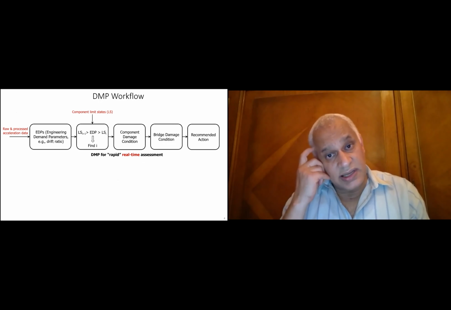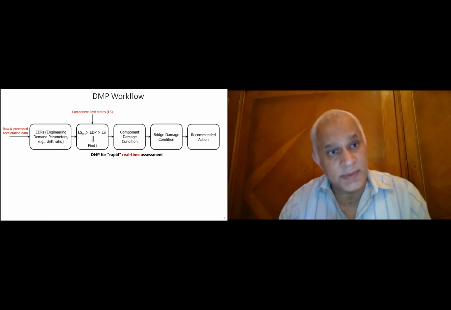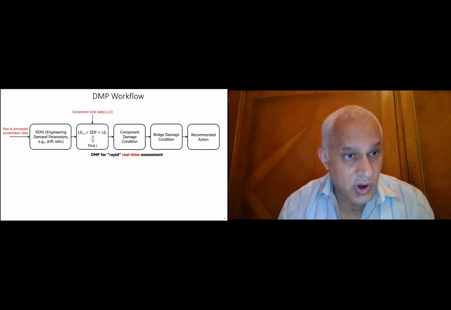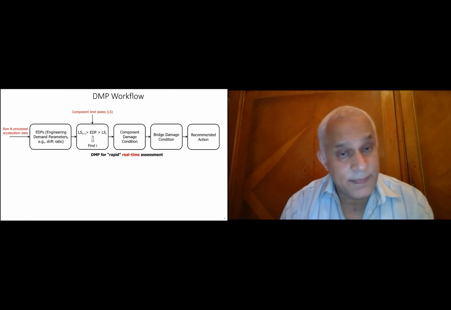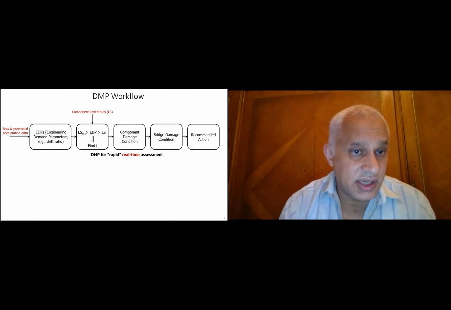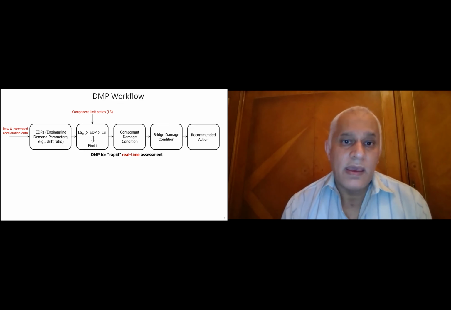So to elaborate a little bit on each of these two types of assessment, both use the raw or the processed acceleration data. In the real-time assessment, we estimate the EDPs, the engineering demand parameters, for example, drift ratio, and knowing the bounds of the different component limit states, we see where this EDP resides between, let's say, limit state i and limit state i+1.